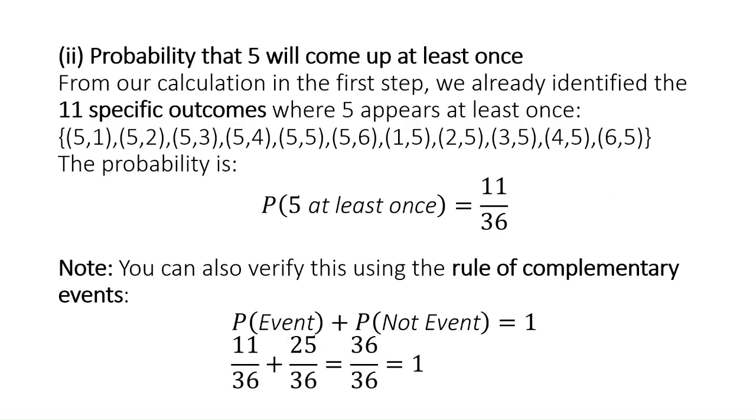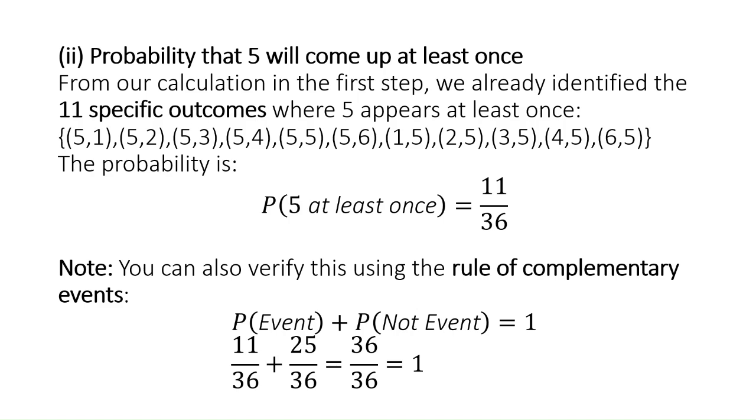And the probability that 5 will come up at least once: we have already counted the outcomes where 5 appears at least once. Those 11 specific outcomes are the favorable outcomes for this event. What are they? 51, 52, 53, 54, 55, 56, and so on.